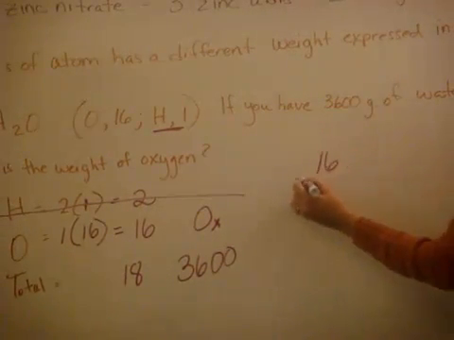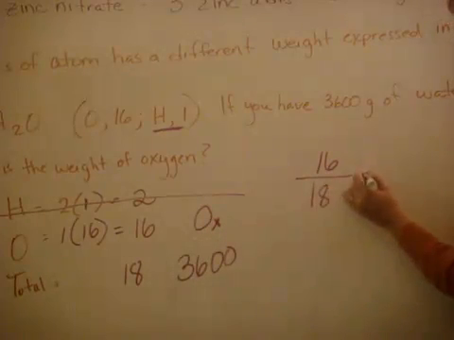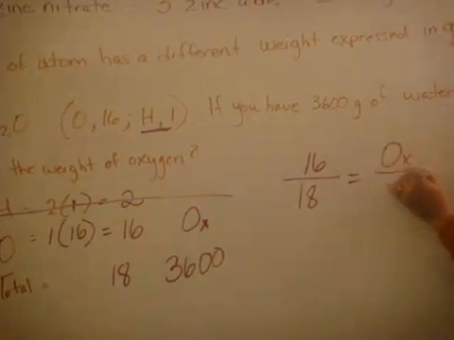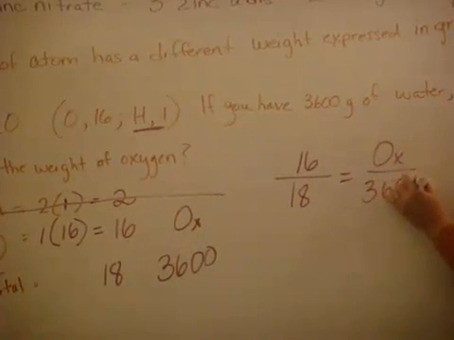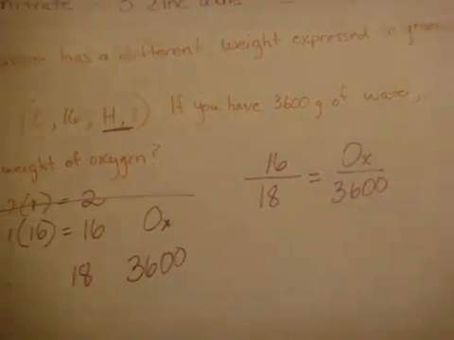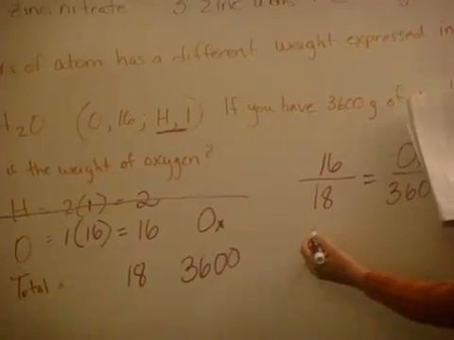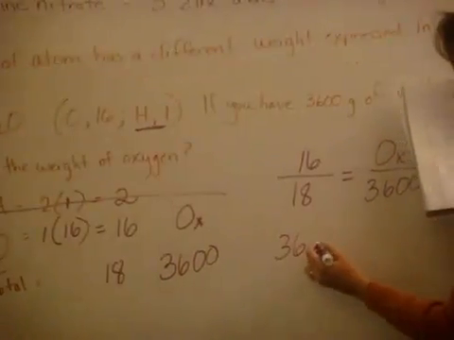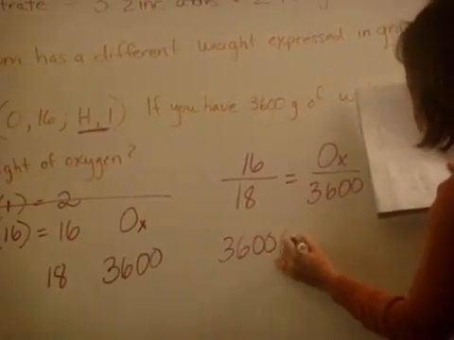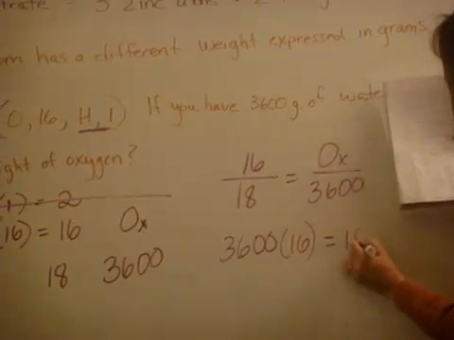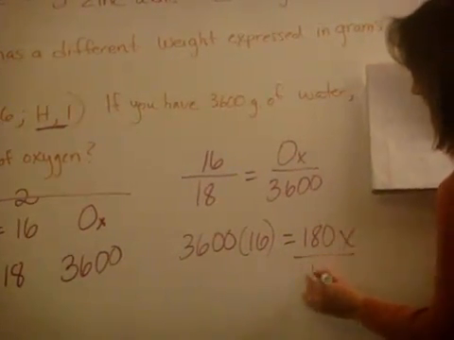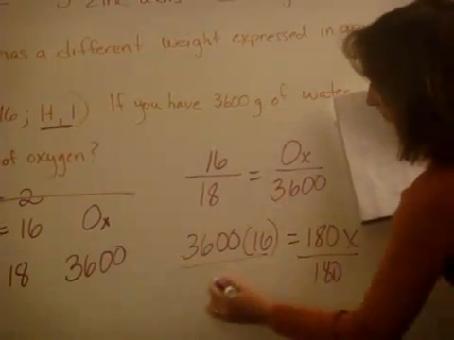It's 16 over 18 equals our oxygen over 3,600. And then we would just cross multiply, and we would get 3,600 times 16 equals 18OX. Divide both sides by 18.